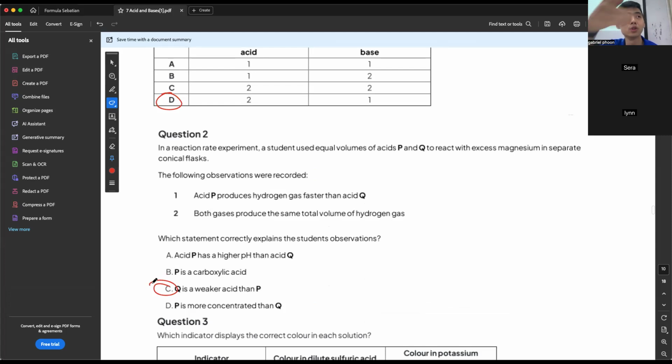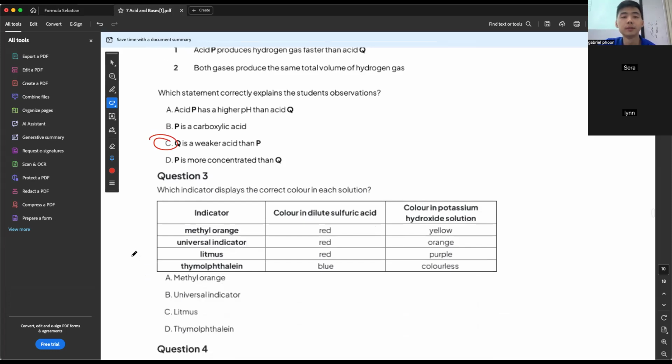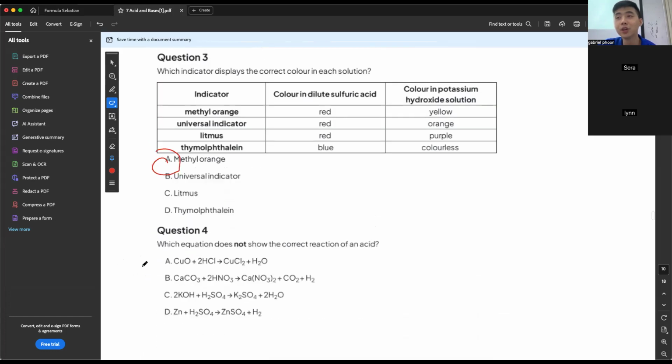Good. Third question. Why not? Take a wild guess right now. Okay. Good. Question number four. Take a wild guess right now.